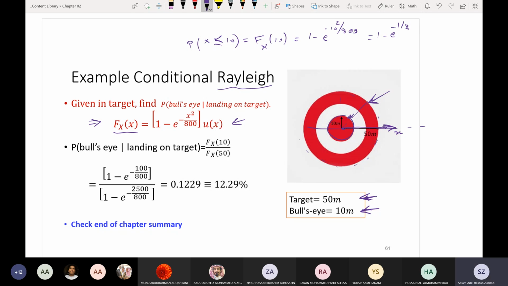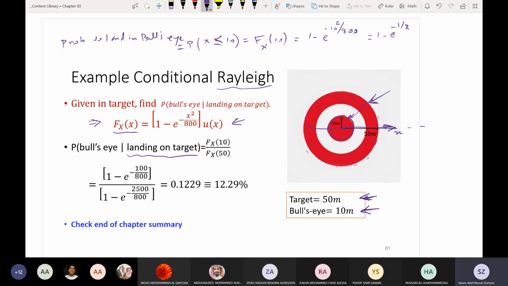Now the question that we are interested in is, given that I landed in the target. The first one that I just solved is the probability that I land in the bullseye, which is equal to the probability that x is less than or equal to 10.